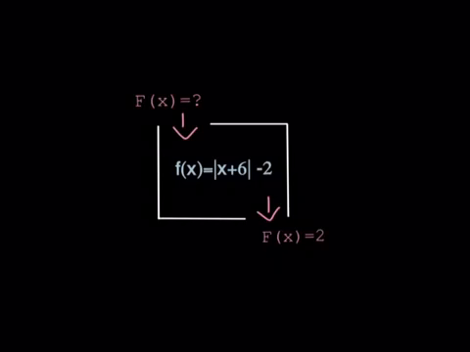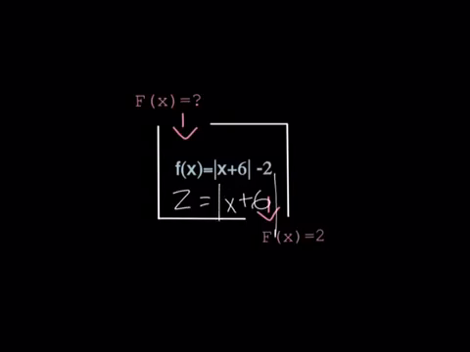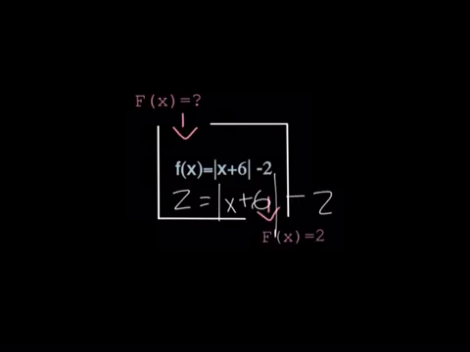This will be our last output slide. So we know right here f of x equals 2, and we do not know our input once again. So we will replace f of x right here with 2. So that would equal 2 equals the absolute value of x plus 6, minus 2.